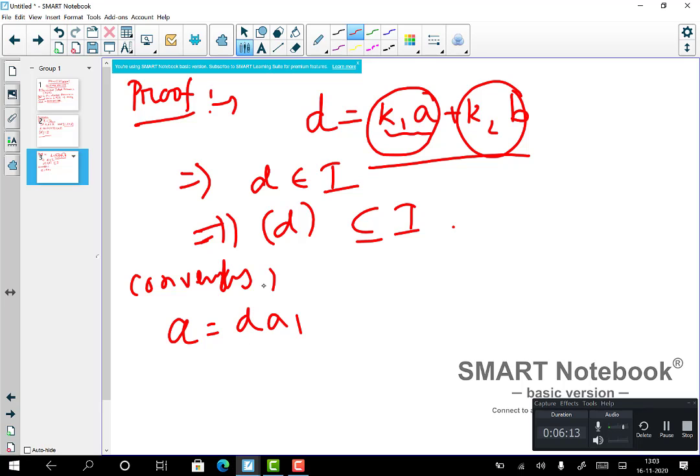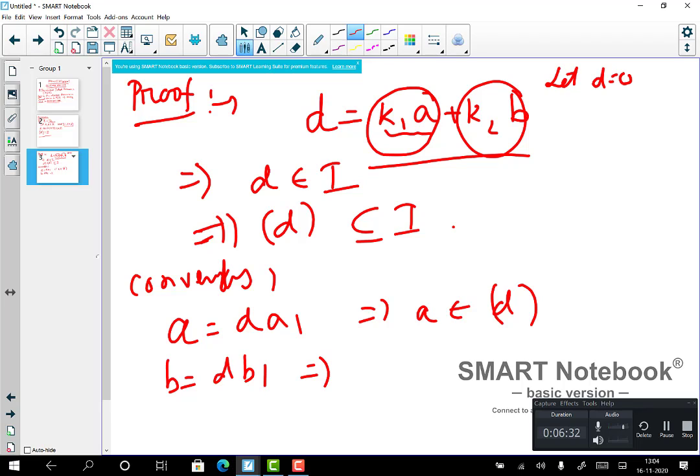That implies A belongs to the ideal generated by D. And similarly B equals D times B1, where D is the GCD of A and B, and that implies B is also an element of it.